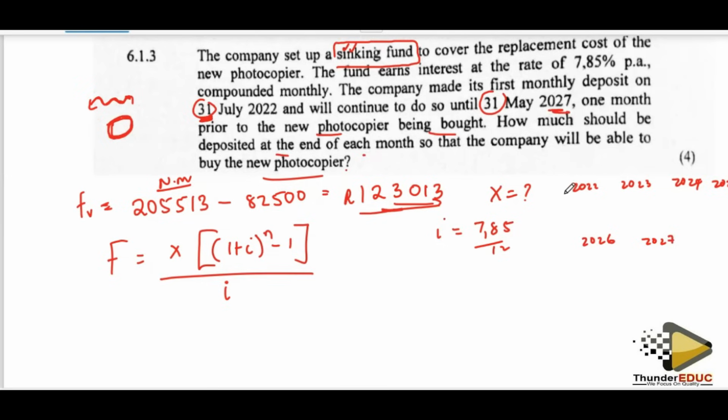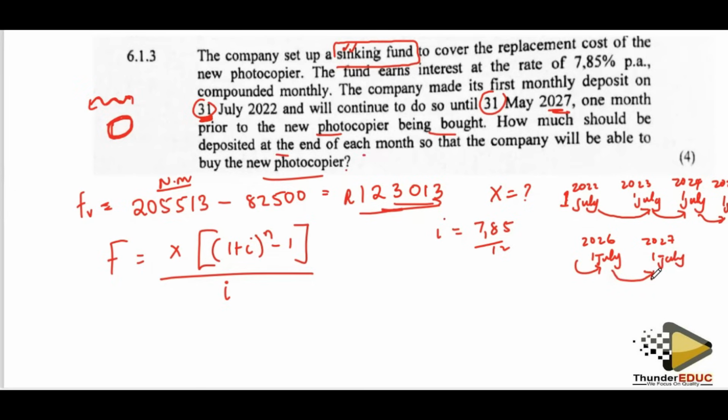Okay, so 1st July here also, 1st July, 1st July, this is 1st July, and also 1st July. Okay, so this is going to be 1, 2, 3, and then 4, it's meant to be 5 years.